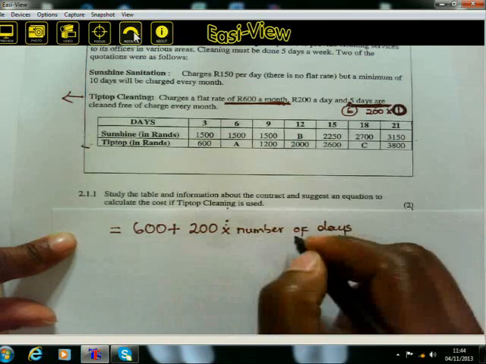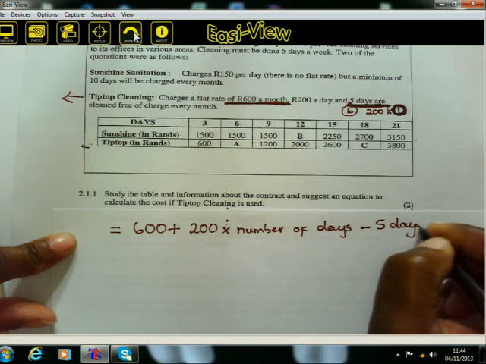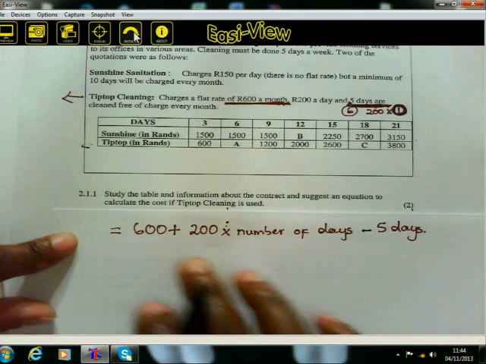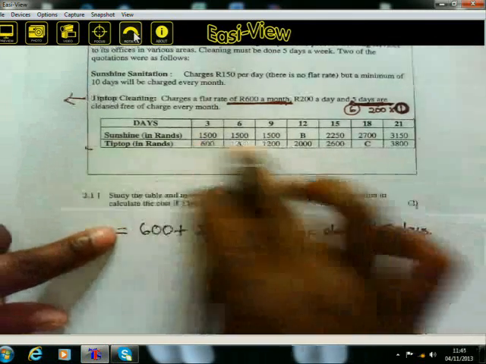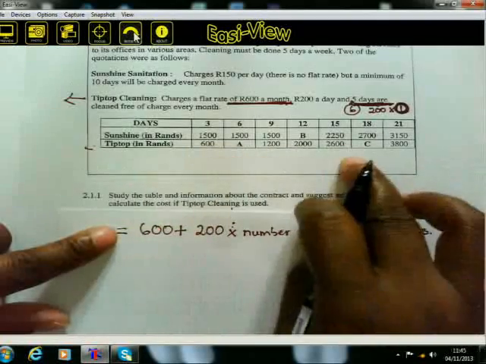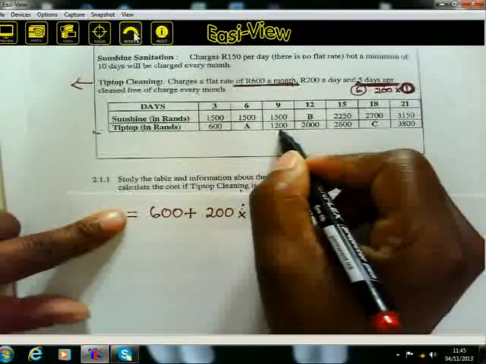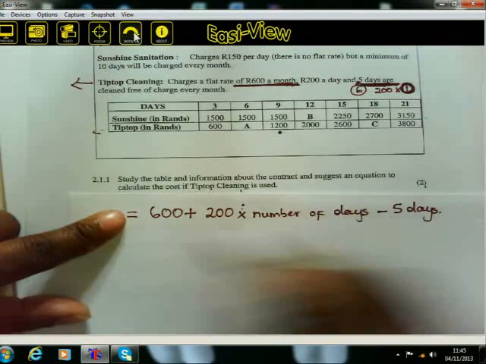From those number of days, we have to subtract 5 days, because for 5 days it is free. I hope we understand that one. After writing the formula, make sure that you check if this formula is correct for the information given on the table. Let us just test by using this one, by 9, to see if we are going to get the same answer if we use this formula.